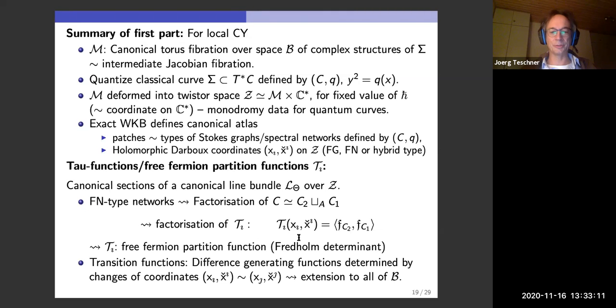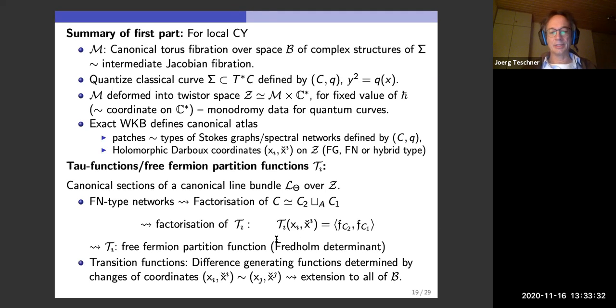It generalizes somewhat, but in any case, what you see here is that there's a way to construct these out of the quantum curve. This is what I wanted to at least mention.